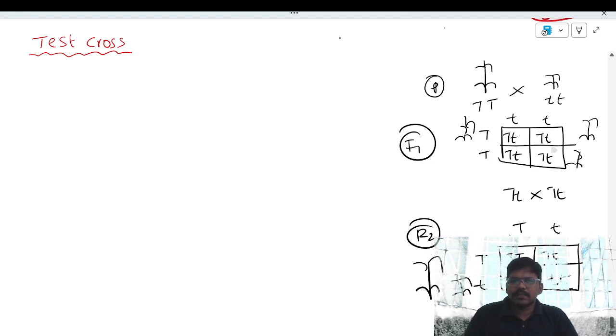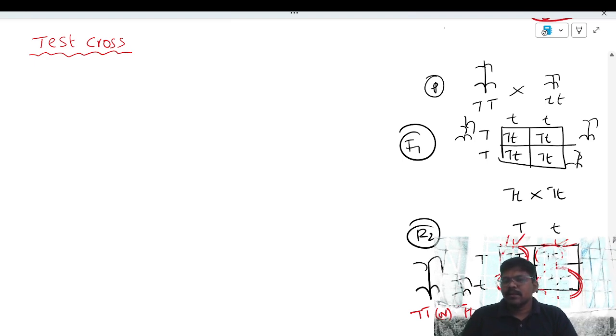If you see, the tall plants may contain homozygous dominant genotype, capital T capital T, or heterozygous dominant genotype, capital T small t. There are two possible genotypes in the tall plant. The dwarf plant happens only during homozygous recessive condition.